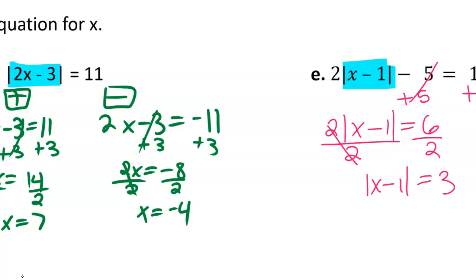Okay, so once you isolate the absolute value, you should have the absolute value of x minus 1 equals 3.